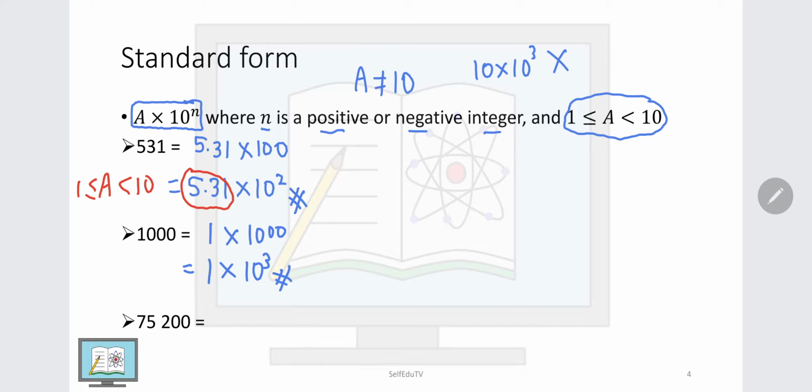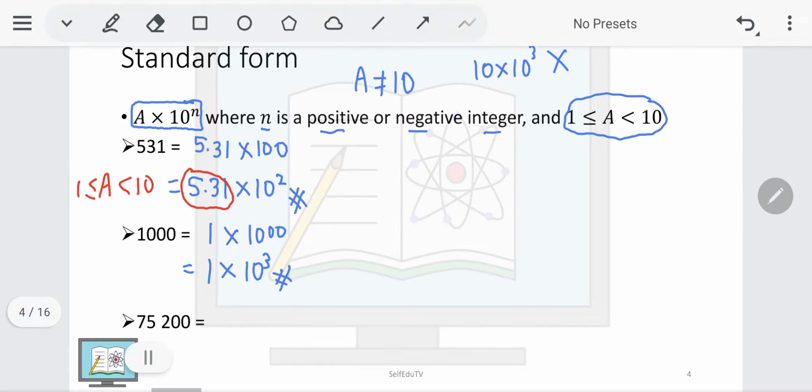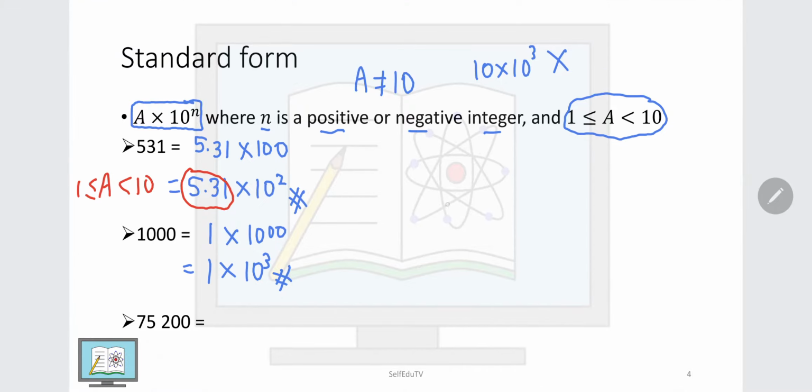How about the last one, 75,200? You can just change it to standard form in one step. You know that the value of a must be 7.52, so we just need to know the power of 10. How do we get the power?